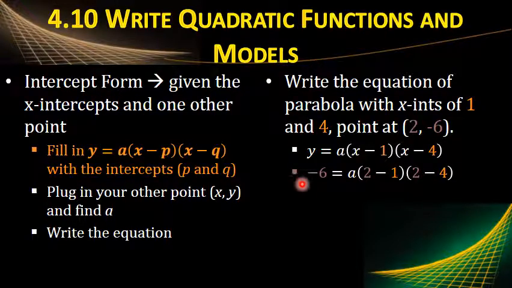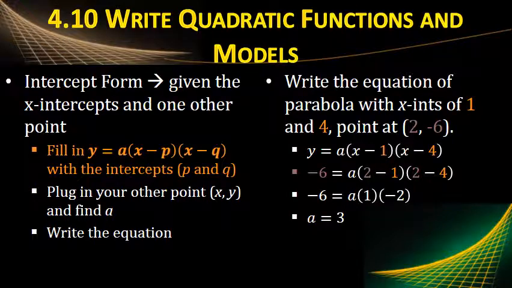Notice there was x twice. We have 2 x's, so we fill in 2 for the x in both of them. 2 minus 1 is 1, and 2 minus 4 is -2. Multiply it together, and divide, and you get a is 3.